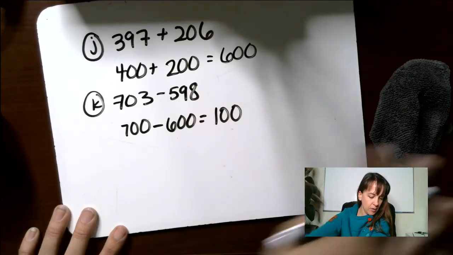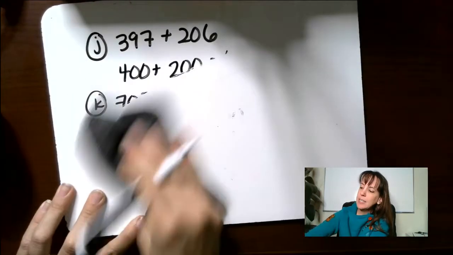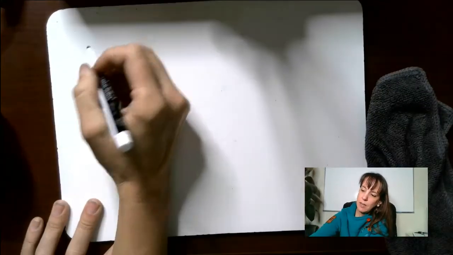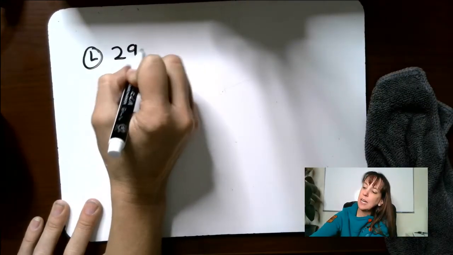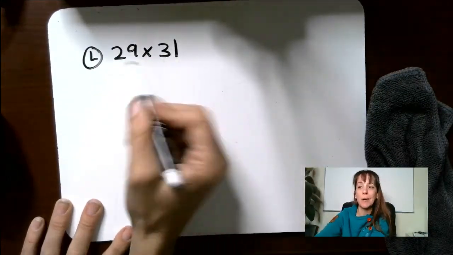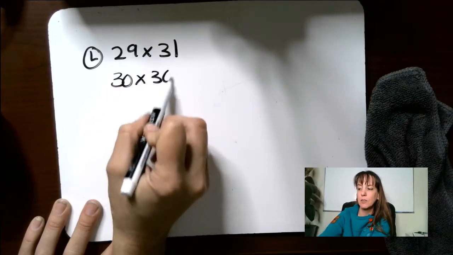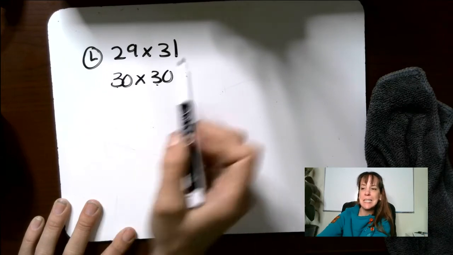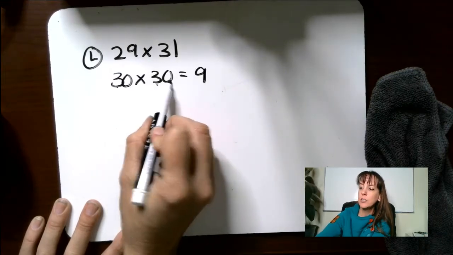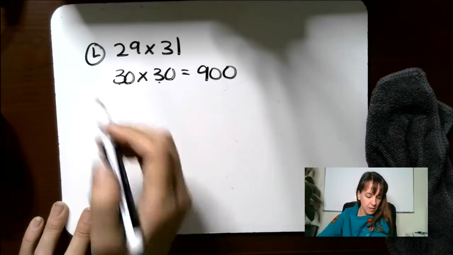All right, L is 29 times 31. I would round this up and this down. So it would be 30 times 30. 3 times 3 is 9 with 2 zeros.